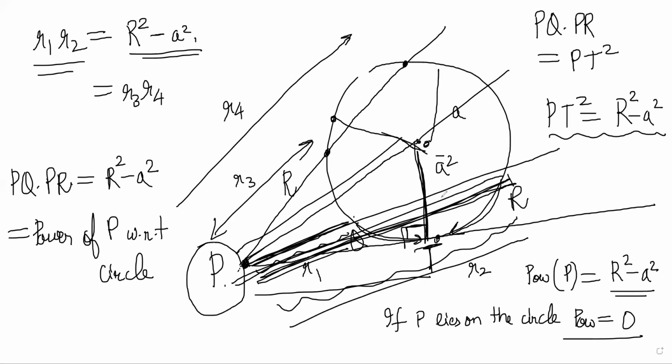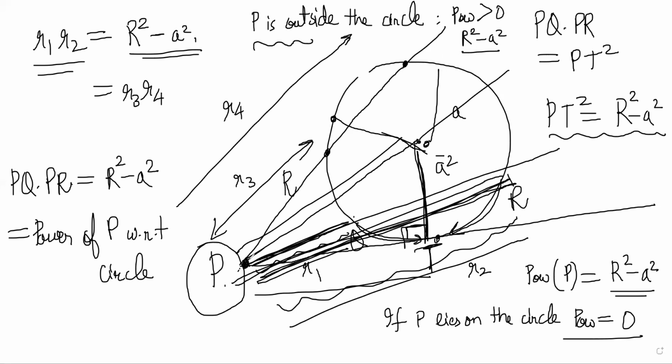If P is outside the circle, power is greater than zero. If it is inside the circle, R square is less than A square, so power will be negative.